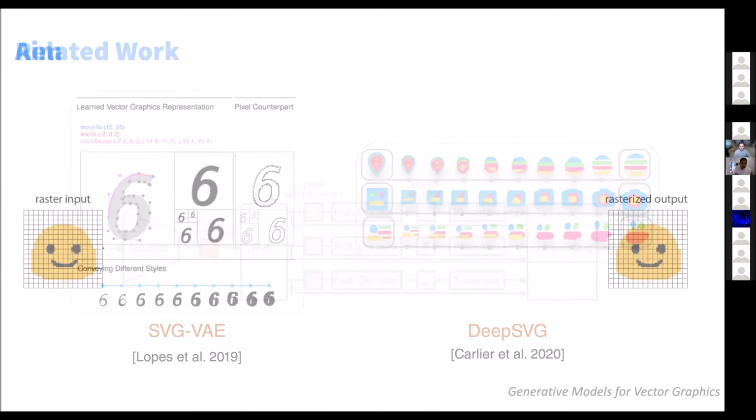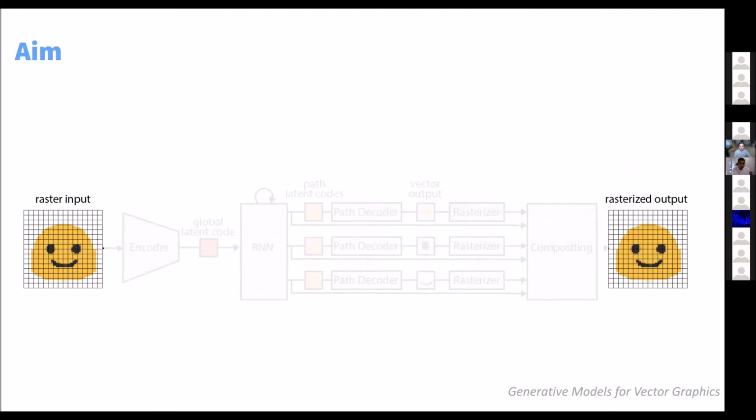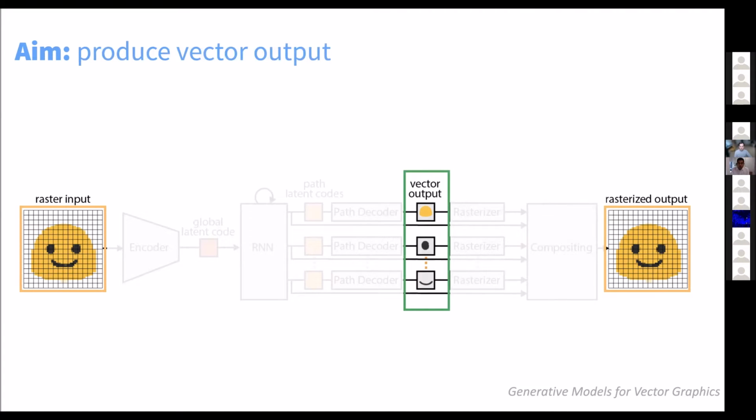Okay, so let's summarize what we expect our algorithm to achieve. We want it to perform well without having explicit vector supervision as input. But we do want the output to be vectors, or programs. And what we also want is an end-to-end trainable module so that we can supervise this, as we will see, with images.